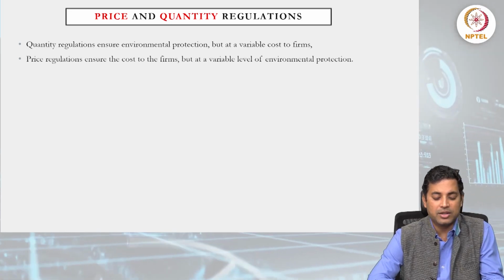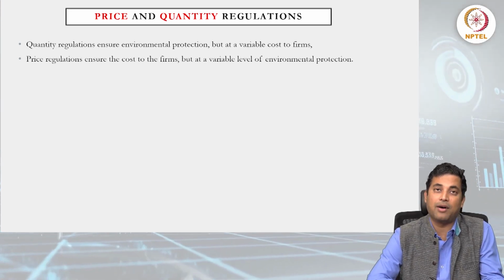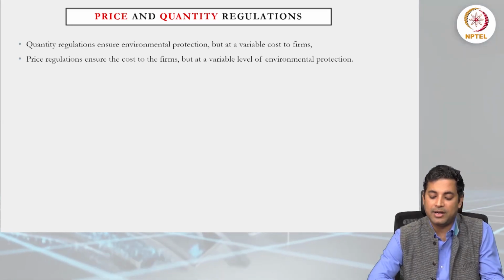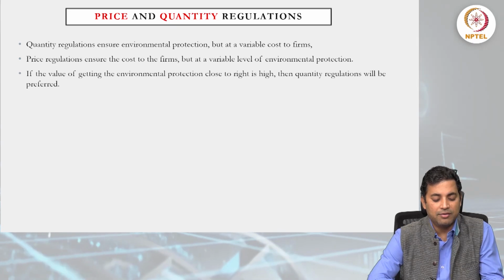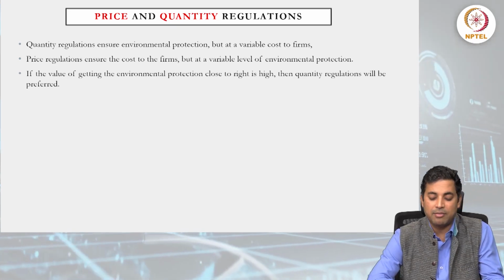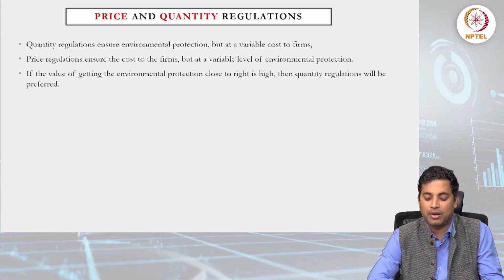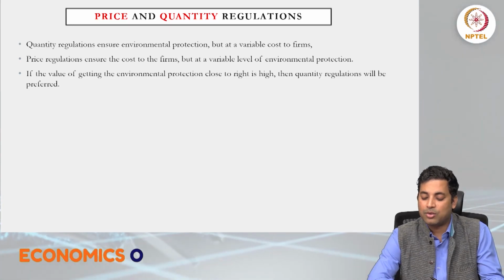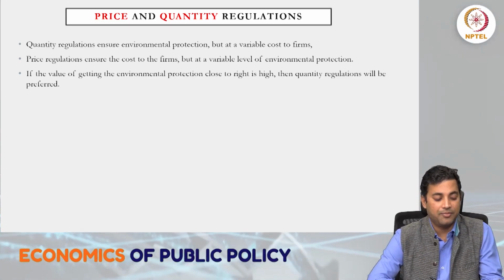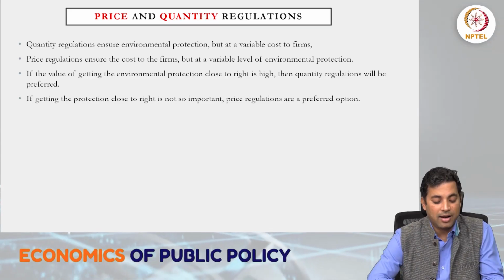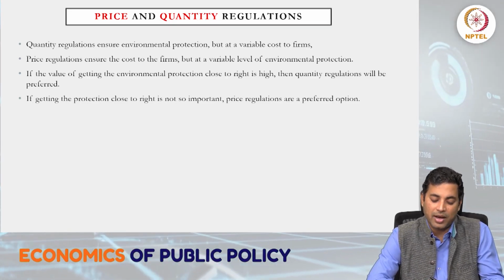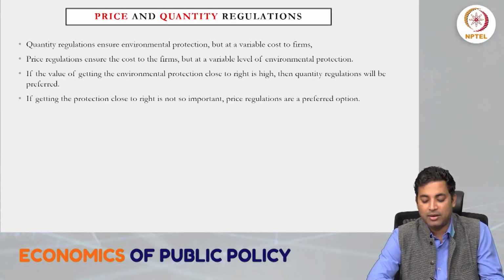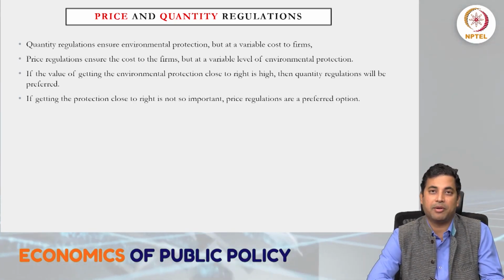Price regulation ensures the cost to the farm, but at a variable level of environmental protection. So if the value of getting the environmental protection close to right is high, then quantity regulation will be preferred. On the other hand, if getting the protection close to right is not so important, price regulation is preferred.